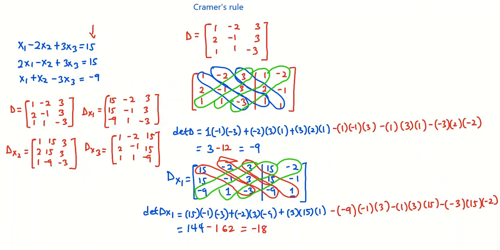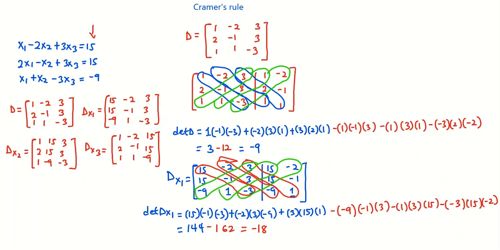That will give us a value of minus 18. So that means that the determinant of dx1 is what? Minus 18. Okay, so you're able to find the determinant for d and then dx1. So you are going to use the same method to find the determinant for dx2 and then dx3. If you know how to use your calculator too, you can use it to make things fast, but if you don't take care, you might lose some marks.